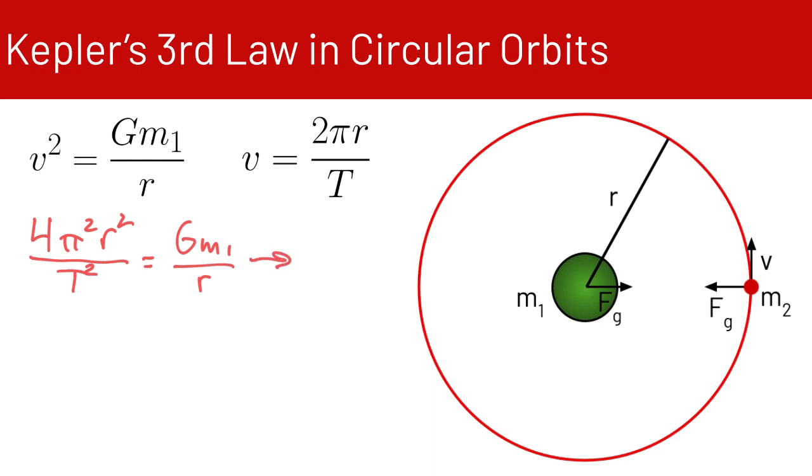Solving for T, we have G m1 T squared is equal to 4 pi squared r cubed. So then we have T squared is equal to 4 pi squared r cubed over G m sub 1.